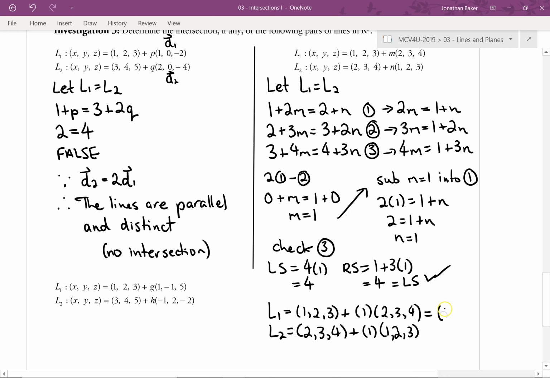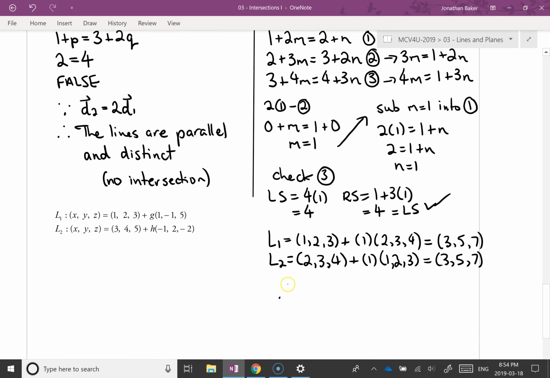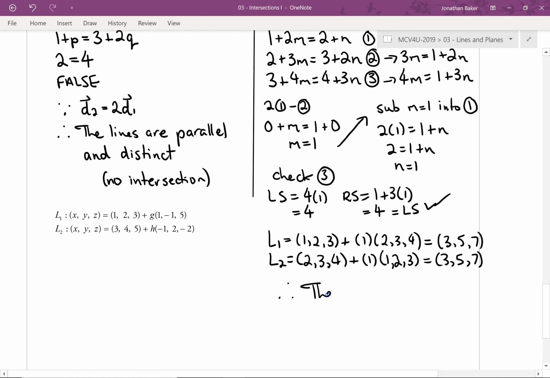So this is going to be (3, 5, 7) in either case. Therefore, the point of intersection is (3, 5, 7).